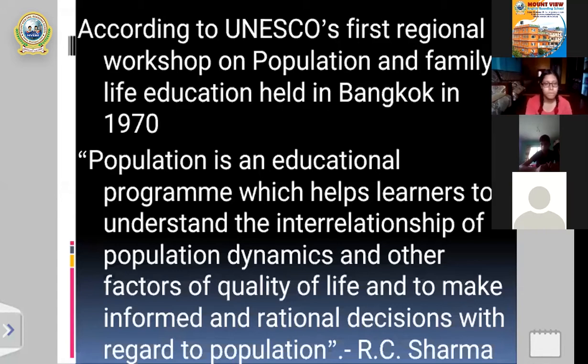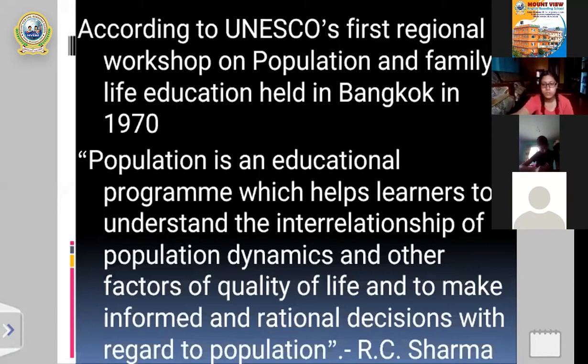This definition clarifies that population education is a continuous educational program, and that learners learn the interrelationship of the population dynamics. Population dynamics is changeable, and as we all know, the population size is not always constant, it changes according to the change of time.